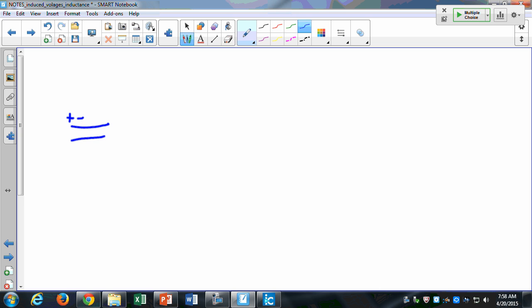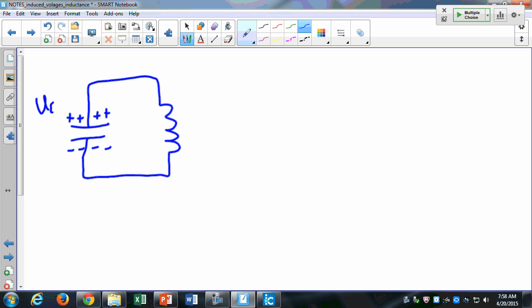Here I have maximum charge on the capacitor. If I have maximum charge on the capacitor, what is my energy stored by the inductor? It's 0. So I have U_E is max, U_B is equal to 0. We can think about this in terms of a spring.